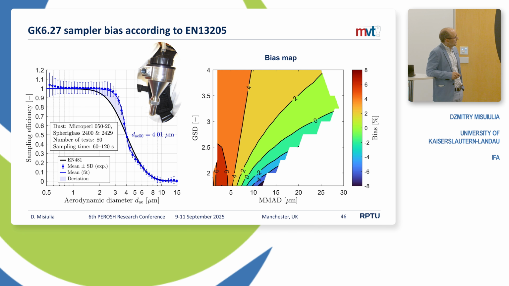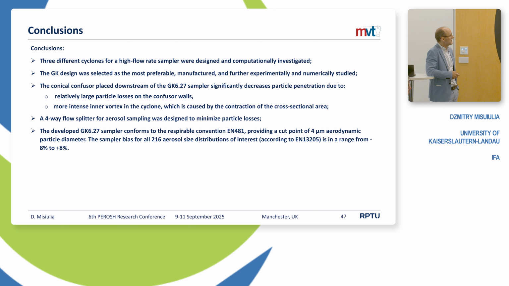As one can see, the bias in the sampled concentration is below 8% for all 216 aerosol size distributions of interest, which are determined by this standard. So the developed GK sampler conformed to the respirable convention and also to the requirements mentioned by EN 13205.